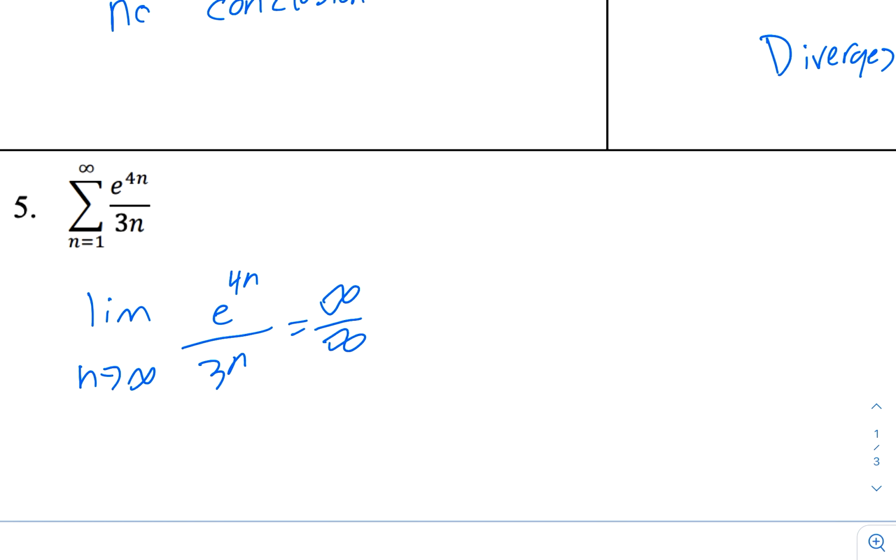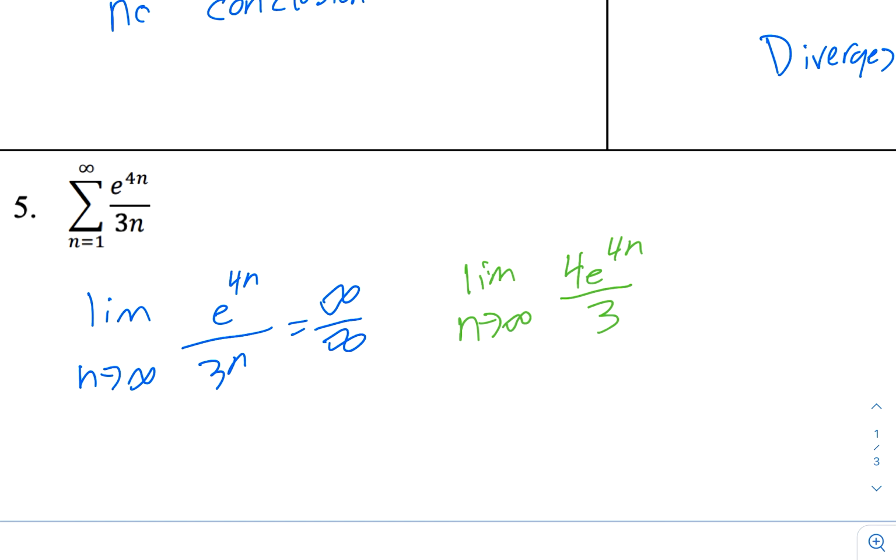Now when we substitute infinity, we end up with infinity over infinity. That is an indeterminate form, so we cannot determine the limit yet, and we could continue on and attempt to find the limit another way. When we have an indeterminate form, one option is to use L'Hopital's rule. So we take the derivative of the top, which is 4e to the 4n, and the derivative of the bottom, which is just 3.